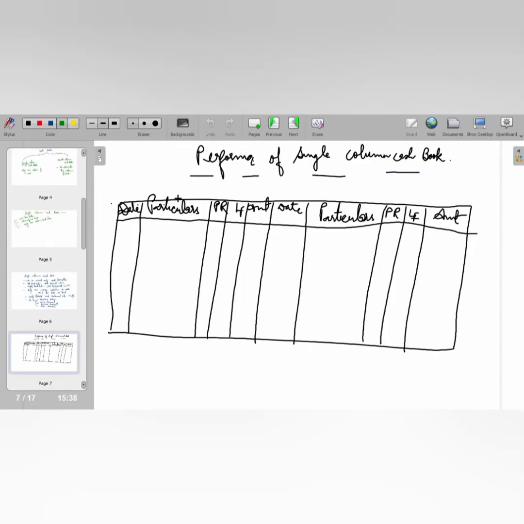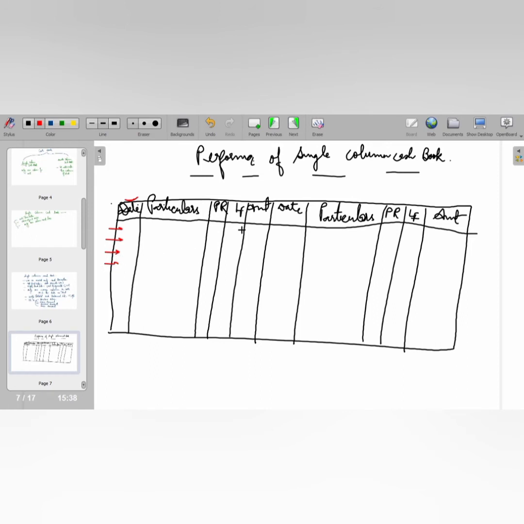See, this is the proforma of the single column cash book. What I am saying is that it records only the cash transactions in chronological order. That's why the date is mentioned here, because by the date we will record in chronological order.